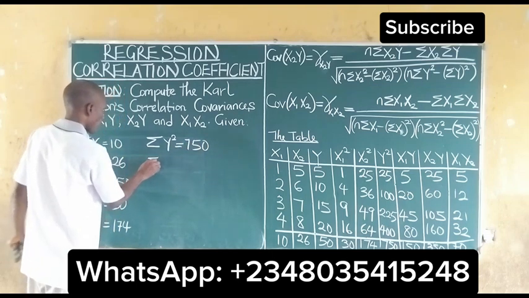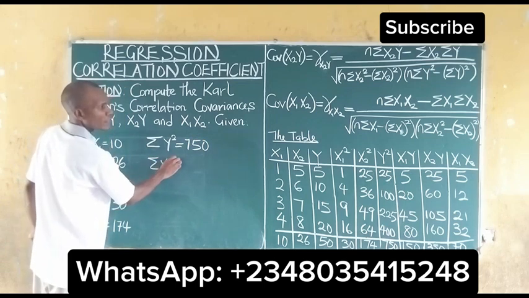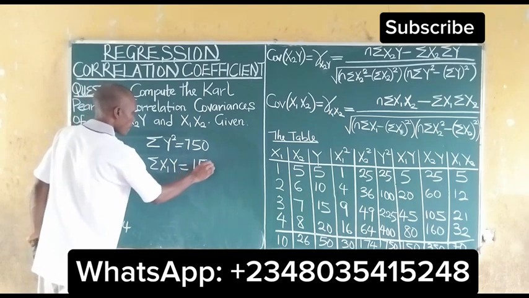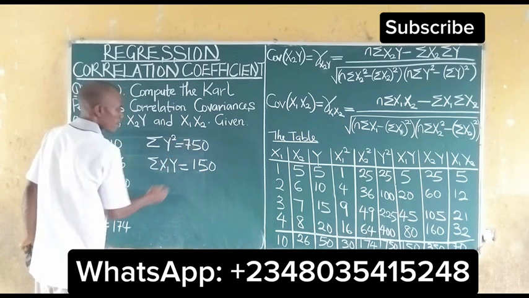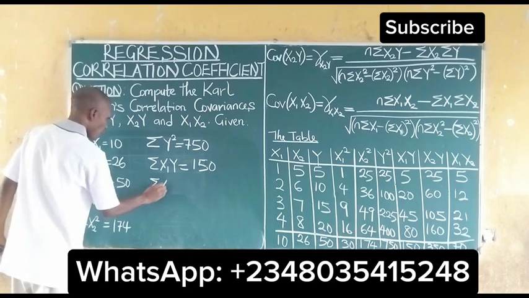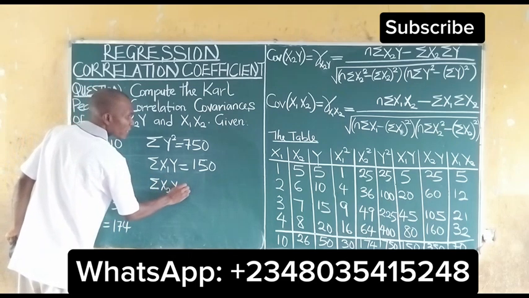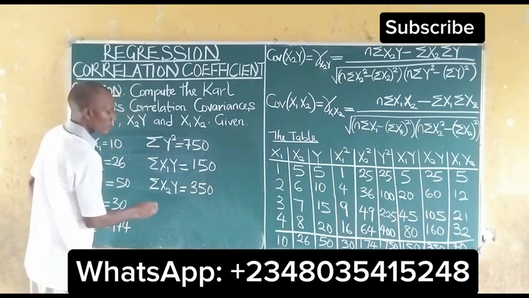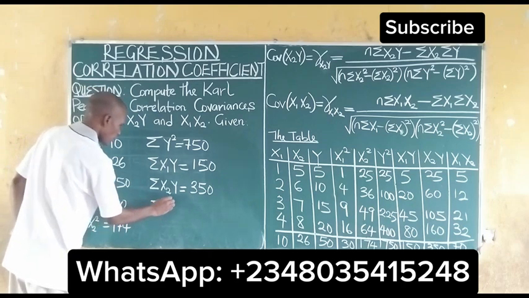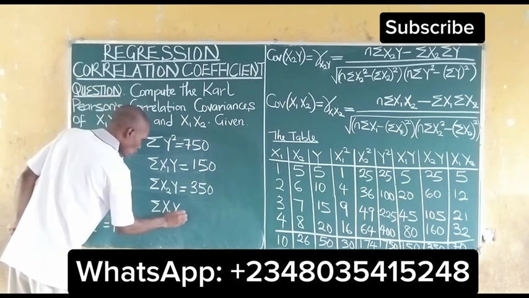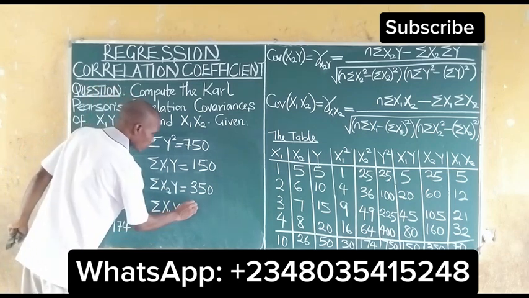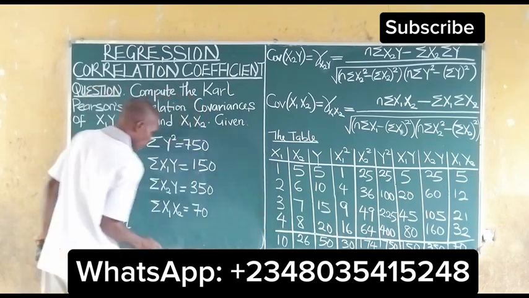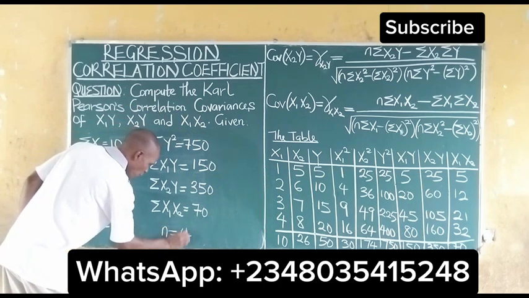The sum of x1y is equal to 150. The sum of x2y is equal to 350. The sum of x1x2 is equal to 70. Now we have n to be 1, 2, 3, 4. N is equal to 4.